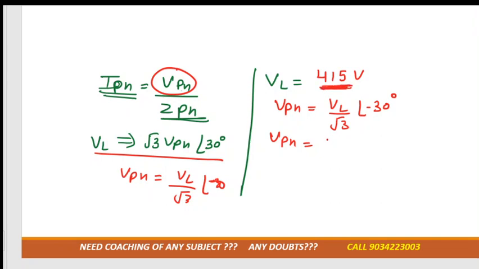In the question they have given line voltage, so VPH is 415 divided by root 3. How much voltage are we getting? 415 divided by root 3 is 239.6. Okay, now it's fine.